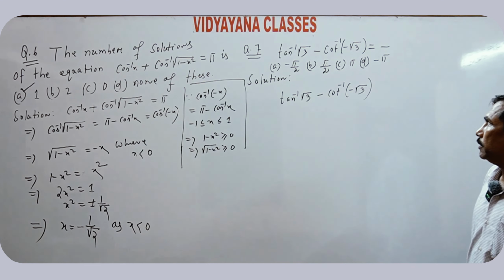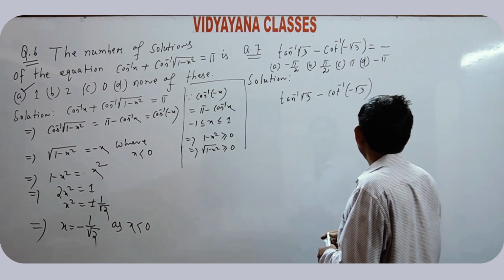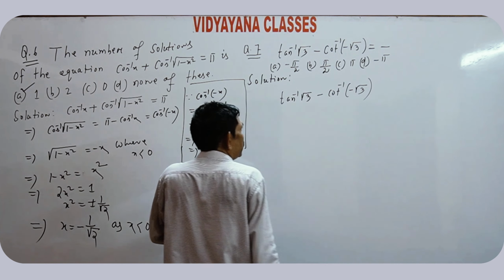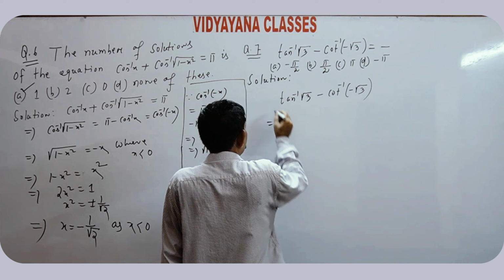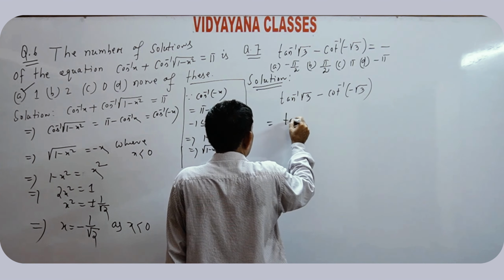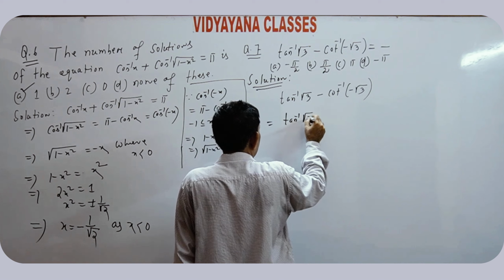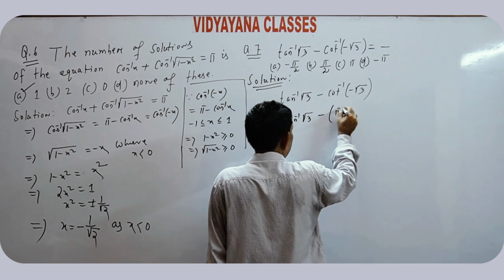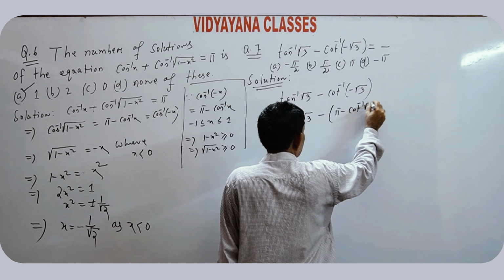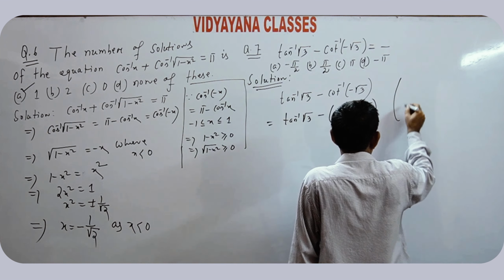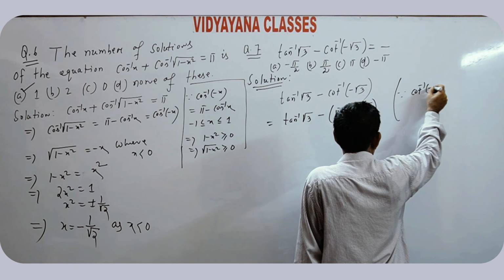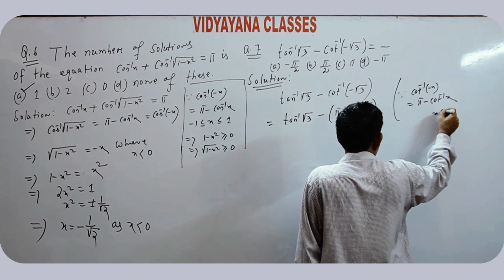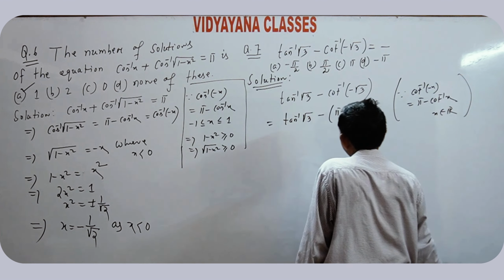Next, question number 7. Tan inverse root 3 minus cot inverse minus root 3 is equal to dash. Tan inverse root 3 minus cot inverse minus root 3 is the same as tan inverse root 3 minus pi minus cot inverse root 3, since cot inverse minus x is equal to pi minus cot inverse x, x belongs to set of real numbers.